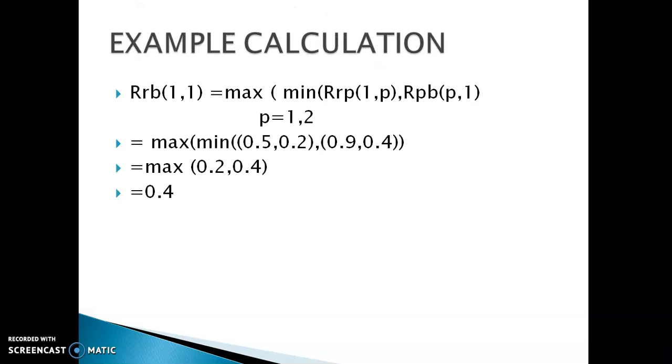Now we'll see an example calculation. The resultant matrix will have a first element, that is (1,1), as the max-min of RRP of 1,p and RPB of p,1, giving the values p equal to 1 and 2. So I show the matrices RRP and RPB again.